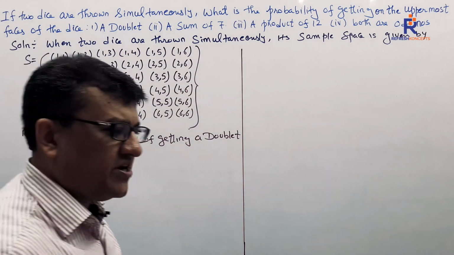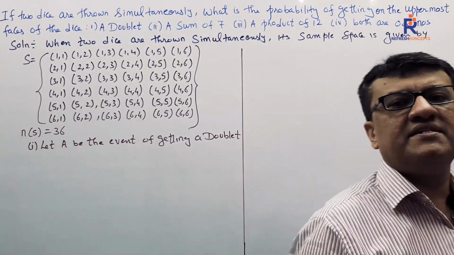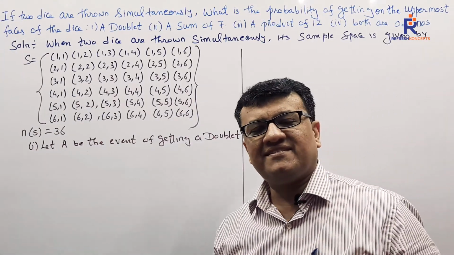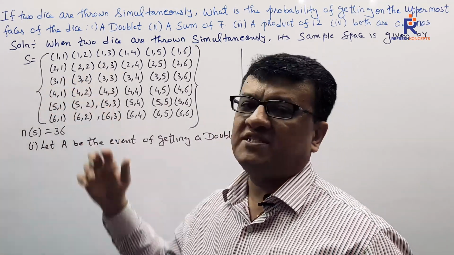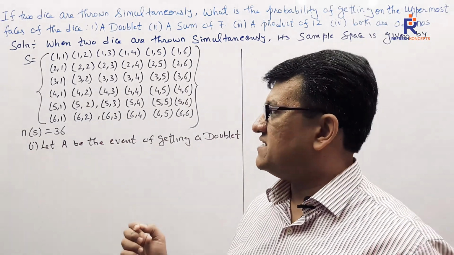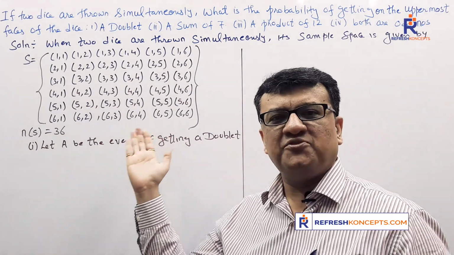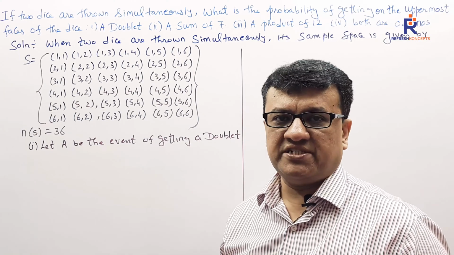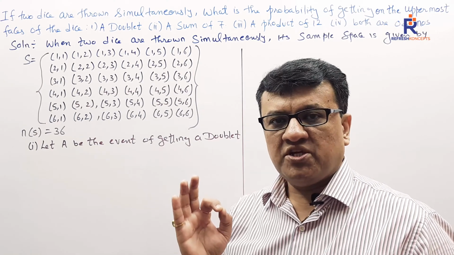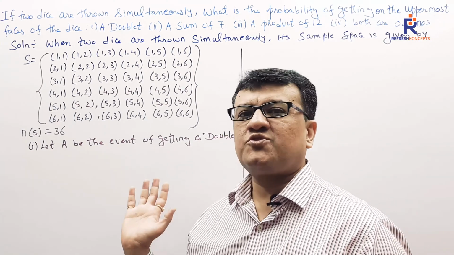Now there is one question creeping into everybody's mind. Sir, is it necessary to write down all the sample points in the sample space? Because if I take time, certainly you people are also going to take time in your boards. It depends upon different boards, children, so I'll advise you to ask your school teacher.